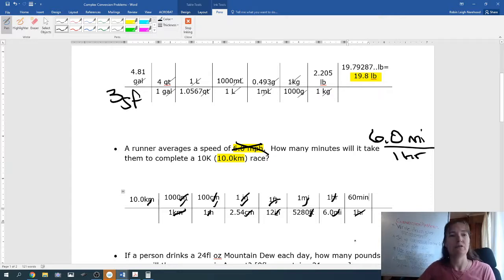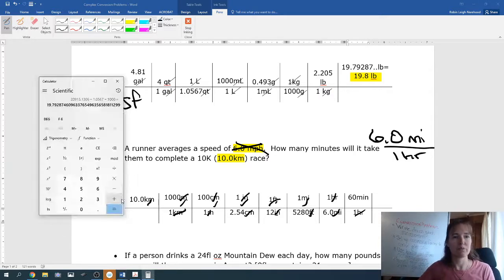So we go through and we do the arithmetic that we have outlined here. So we start with a 10, and we multiply it by 1,000, and then we multiply it by 100, and then we multiply it by 60, and then we go back and divide by anything on the bottom. So we divide by 2.54, and we divide by 12, and we divide by 5,280, and we divide by 6.